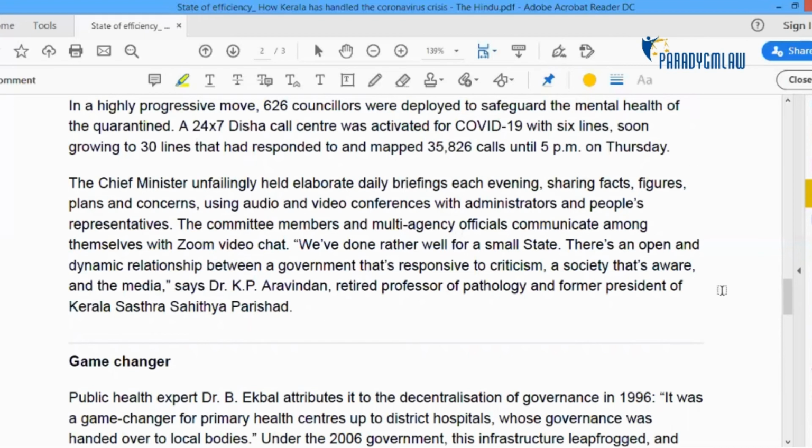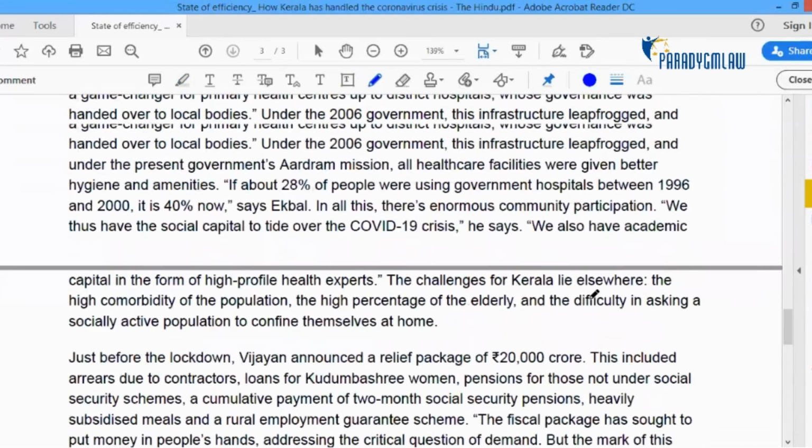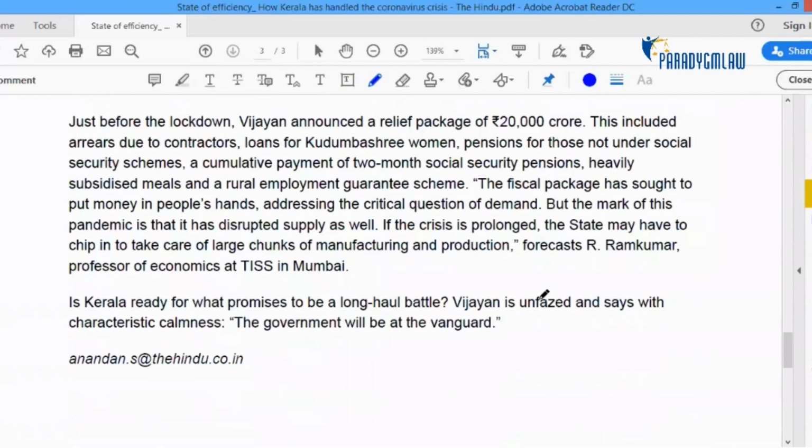So this paragraph talks about how the media was used effectively. Now let's look at, I think this is the end, the game changers, the last passage. Okay.